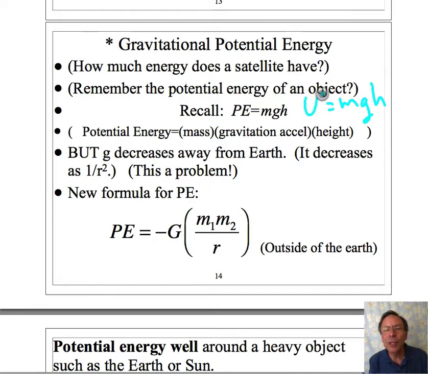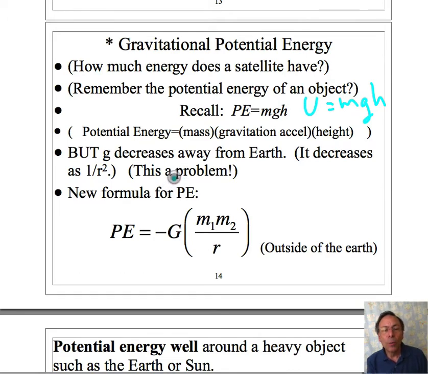However, this potential energy formula won't work for satellite motion because g changes as you go away from the Earth. It becomes less and less as 1 over r squared.